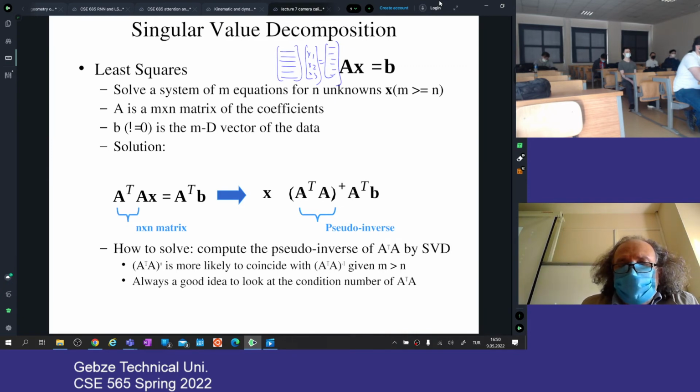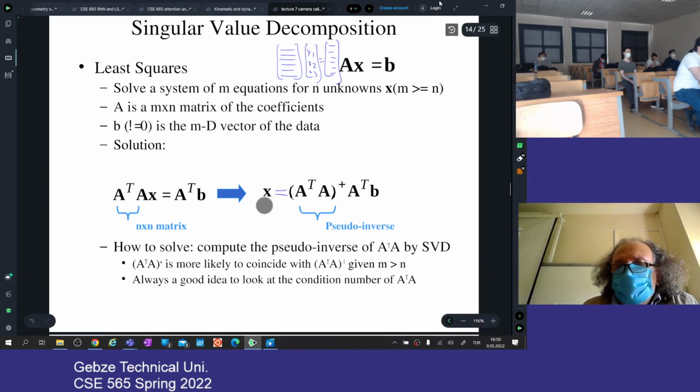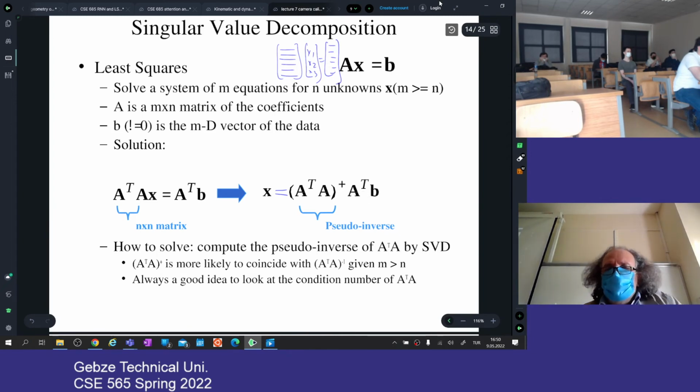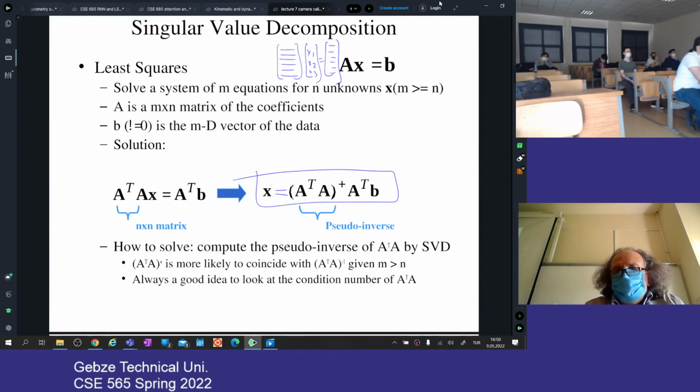I multiply A with A^T, and then I multiply each side with the pseudo-inverse of A^T A. So this side is isolated: x is equal to the pseudo-inverse of A^T A times A^T b. So this is definitely a least squares sense solution for x.